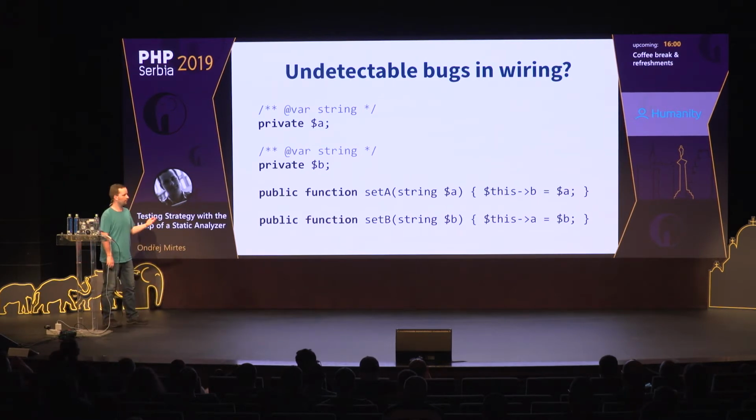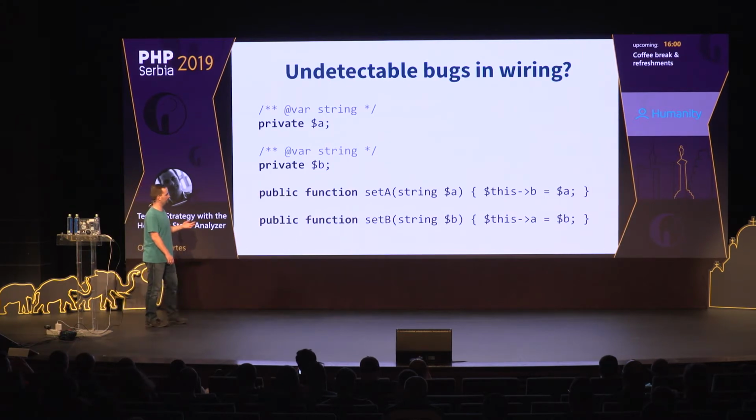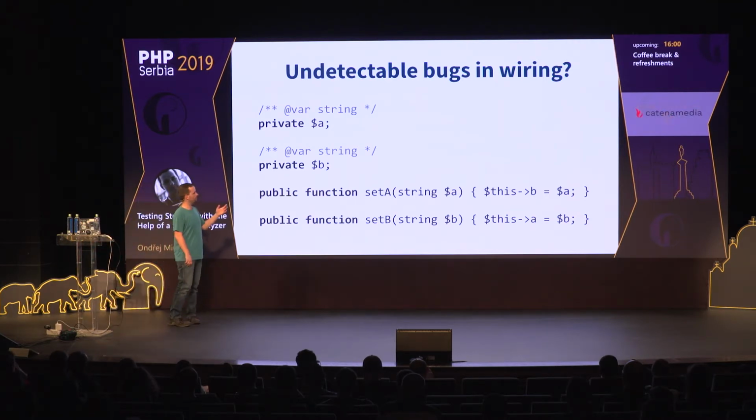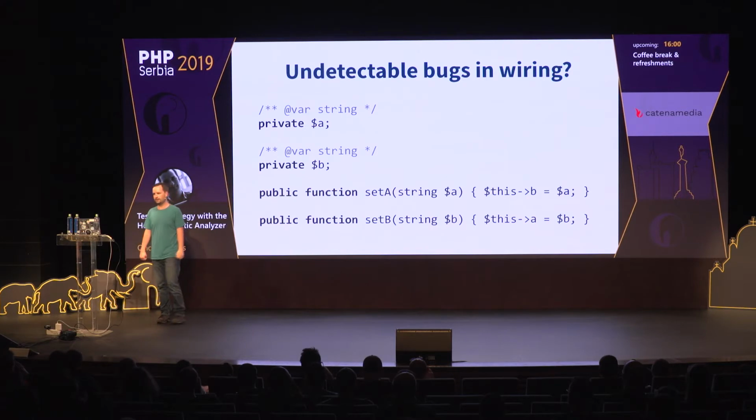But this becomes more and more rare as you use more custom types for everything, because there's less probability of making them interchangeable. So I think that this is not a reason to write tests for wiring.